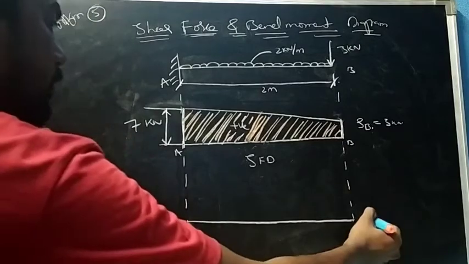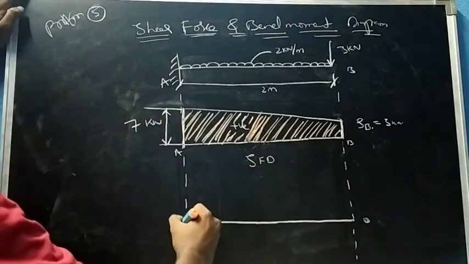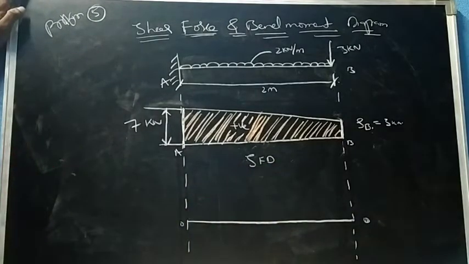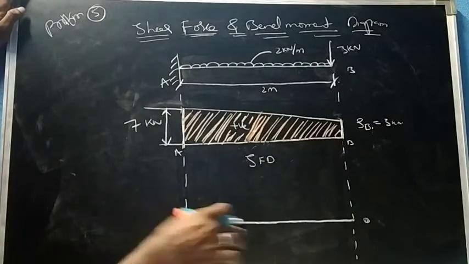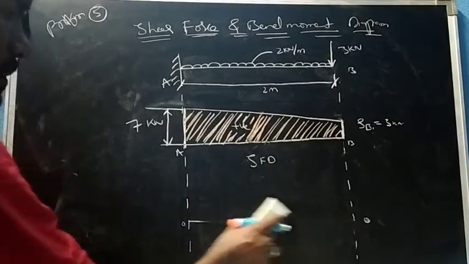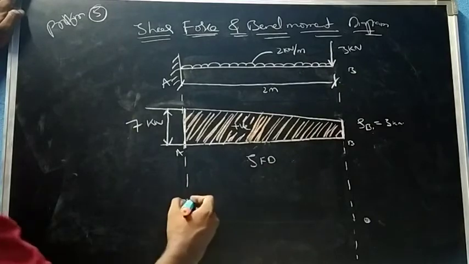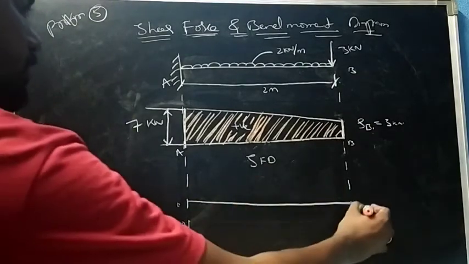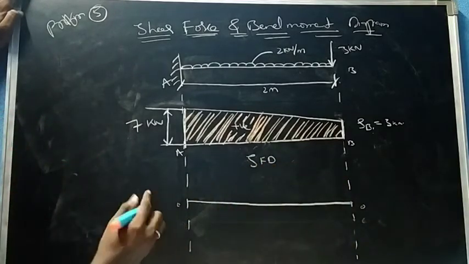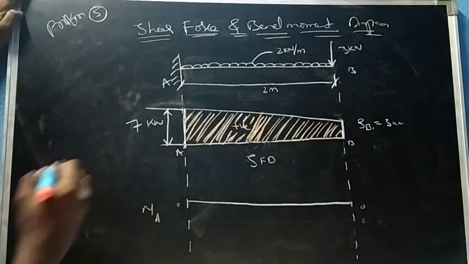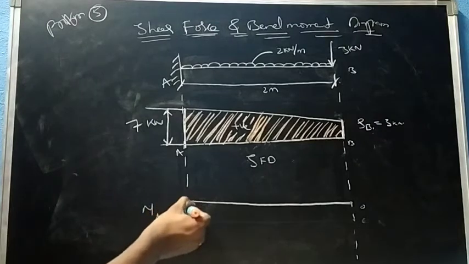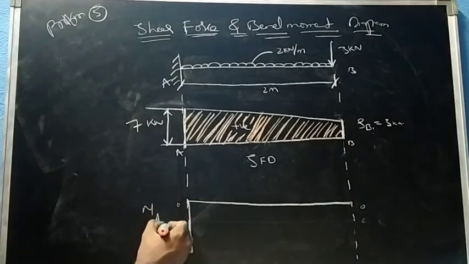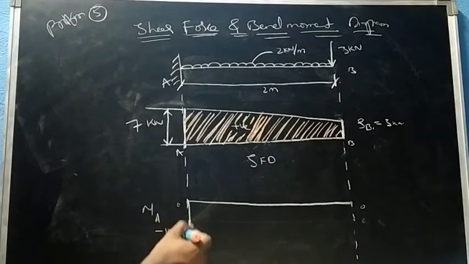This will be your baseline, which is 0 0. We got the bending moment MA, that is minus 10 kilonewton meter.